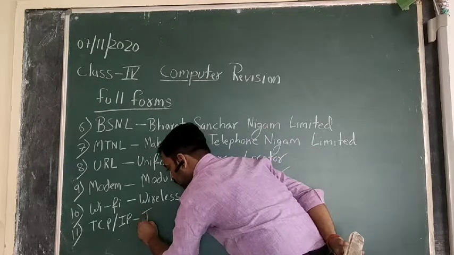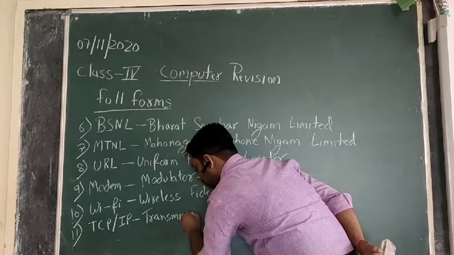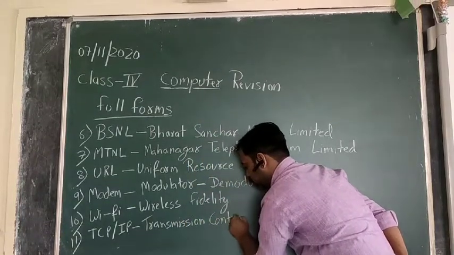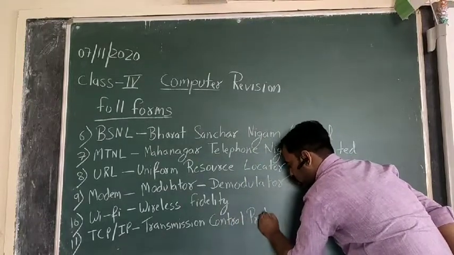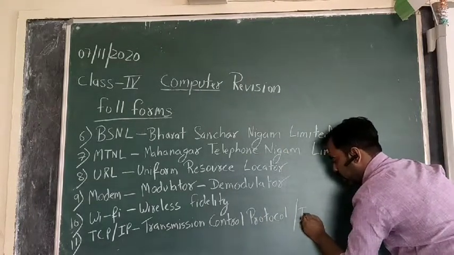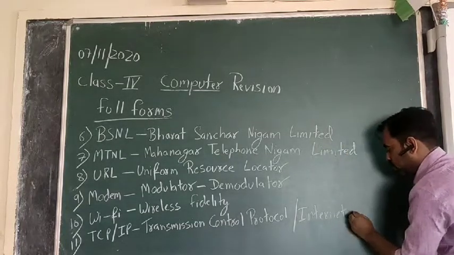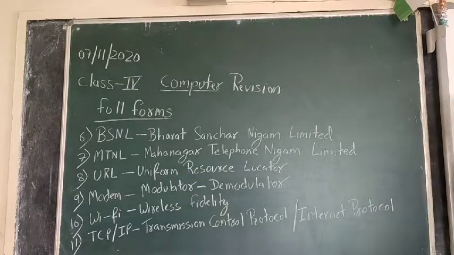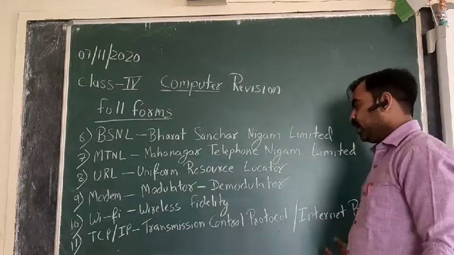The full form is Transmission Control Protocol, and IP stands for Internet Protocol. TCP IP stands for Transmission Control Protocol or Internet Protocol.